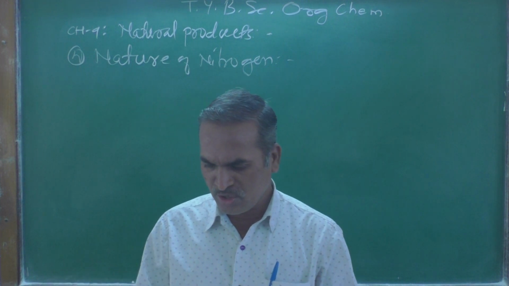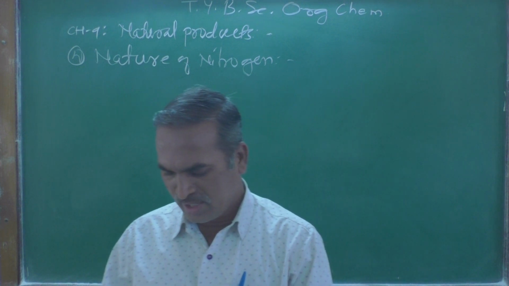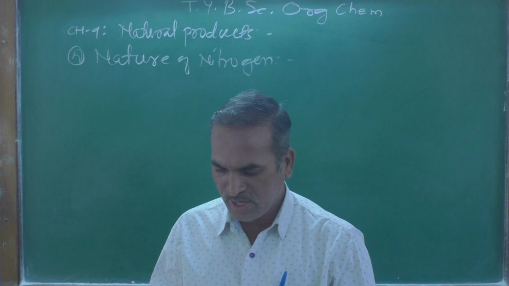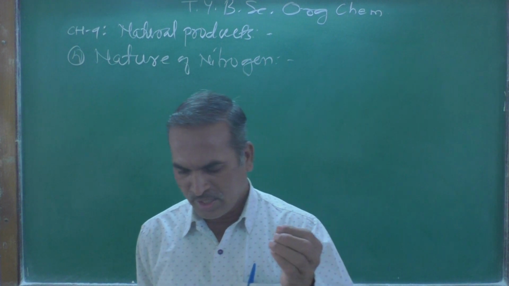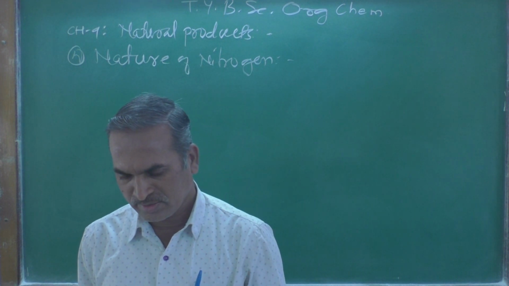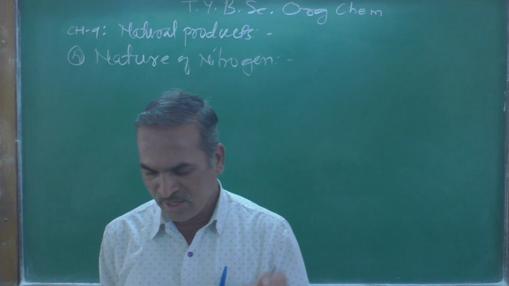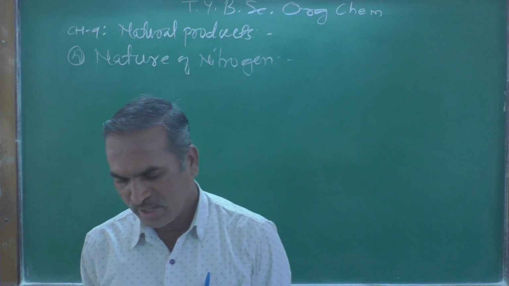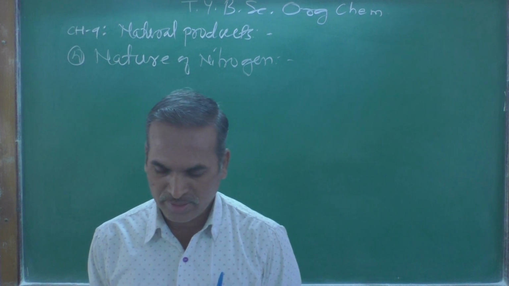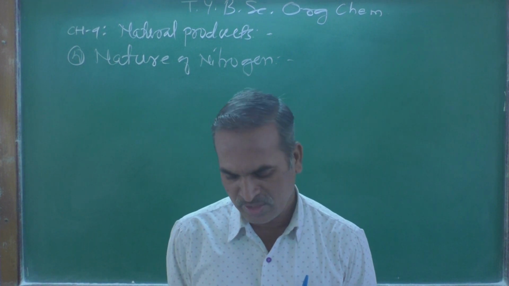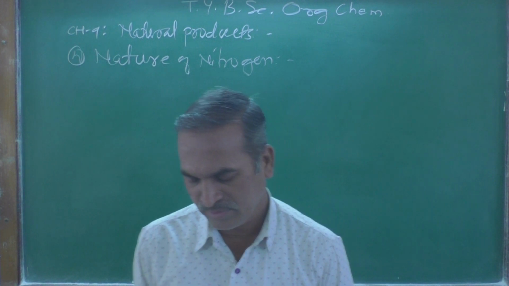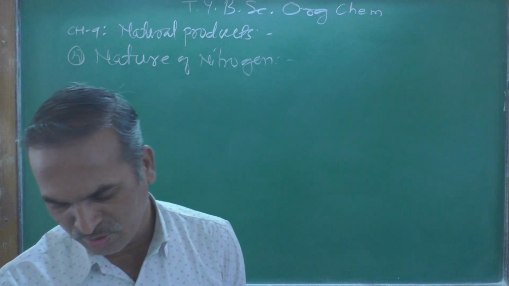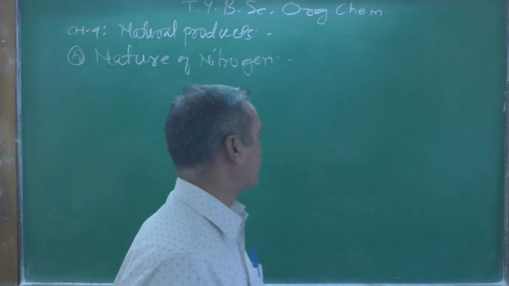The formation of methylamine, dimethylamine, and trimethylamine indicates, respectively, the attachment of 1 to 3 methyl groups to the nitrogen atom. So these are the ways of identifying the nature of the amine, as we have seen in the first case.